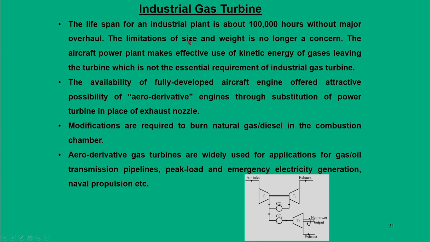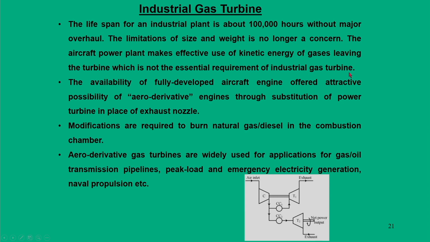That is the requirement for gas turbine engines in industrial mode, with efficient operation, but there are no limitations on size and weight. The aircraft power plant makes efficient use of the kinetic energy of the gas leaving the turbine, which is not an essential requirement for the industrial gas turbine unit.